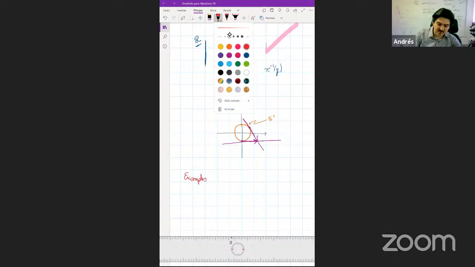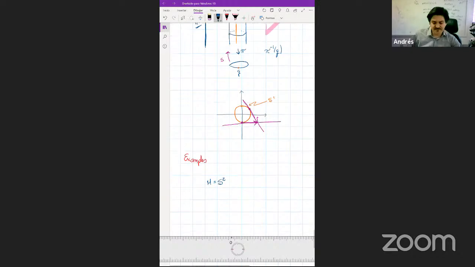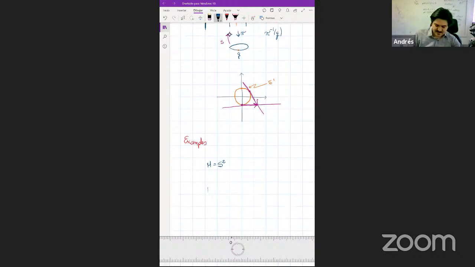So more examples are like this. The sphere, I'm going to take only two-dimensional for the time being. The two-dimensional torus. Remember that this is S1 cross S1.